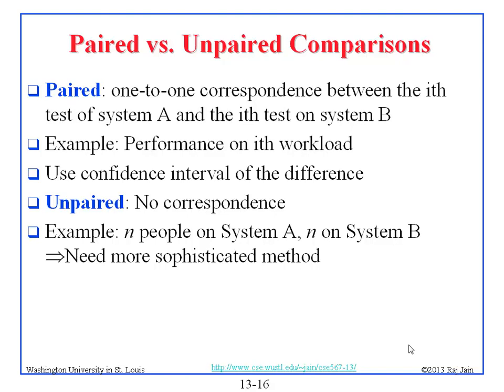There is no relationship between the first observation and the first, second and second, third and third. So that would be unpaired observations. In the case of unpaired, you could have a different number of observations as well. You could have 10 observations here and 5 observations there. In the case of paired observations, you have exactly the same number.